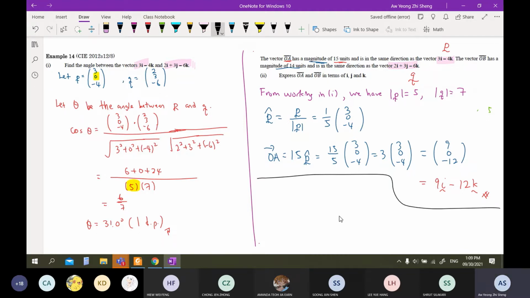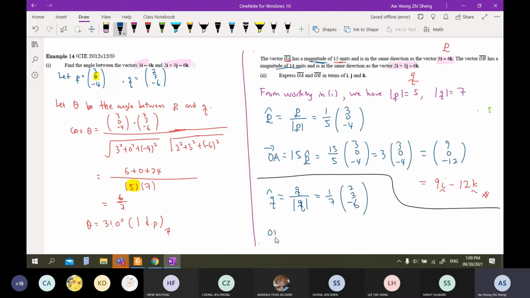Okay, so we'll do the same thing for the vector OB. So you can find Q hat first as Q divided by length of Q. And we'll get a unit vector in the direction of Q that will be 1/7 of (2, 3, -6).